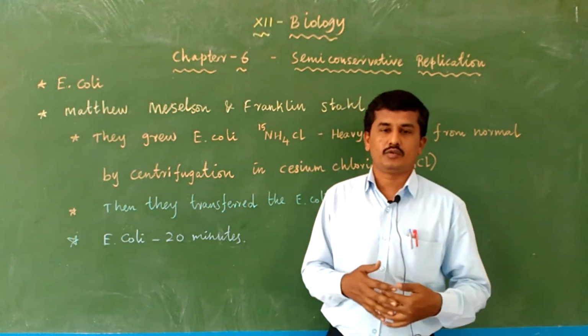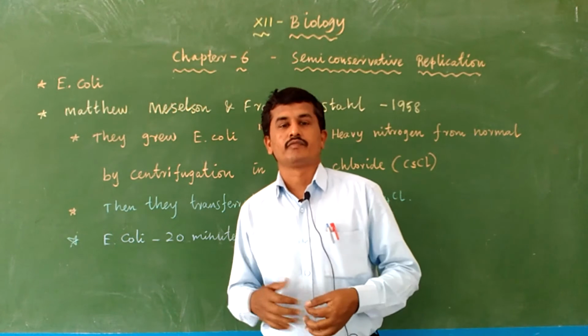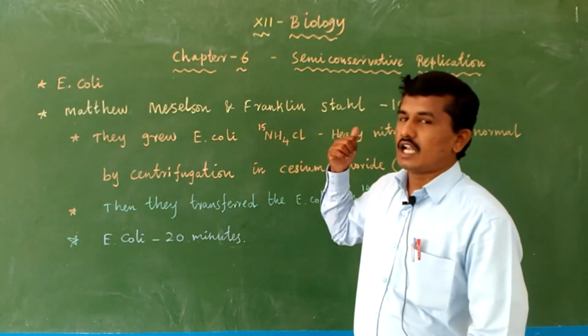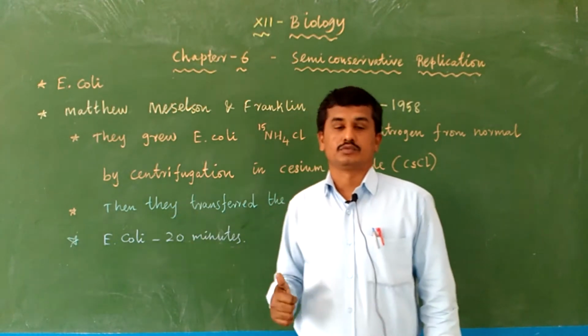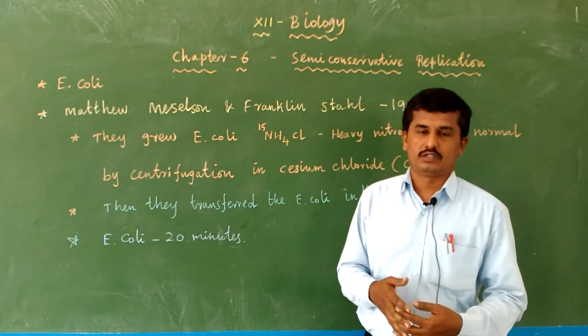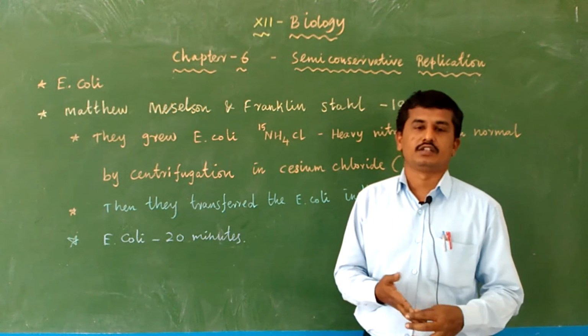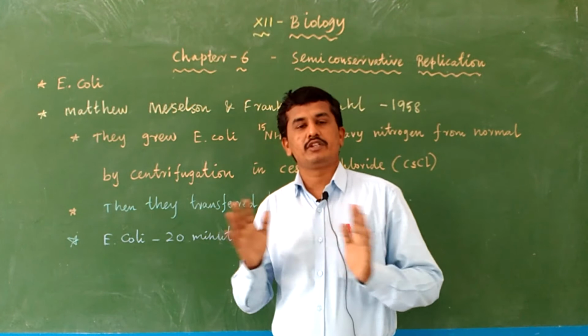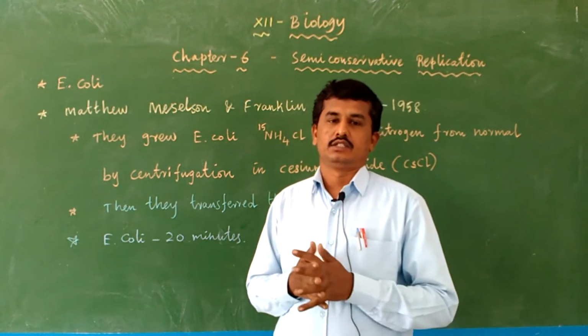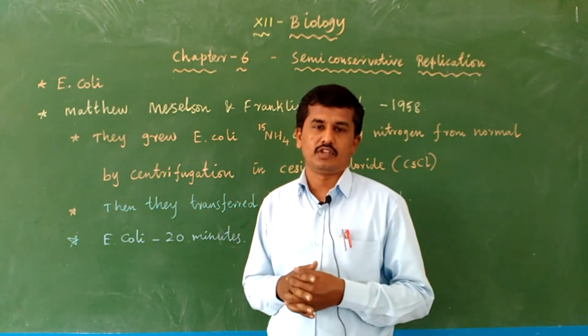The process is known as replication. Now, how is replication experimentally proved by scientists like Meselson and Stahl. Replication, we know, is one DNA copied into 2 daughter DNA during S phase of the cell cycle.